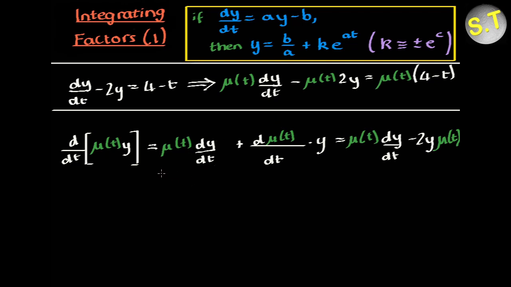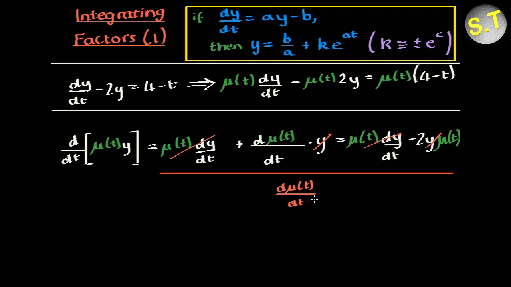So if you'll notice, for this to be true, we can effectively take mu of t dy by dt from both sides and divide both sides by y. So it must be true that, if this is true, then this must also be true.